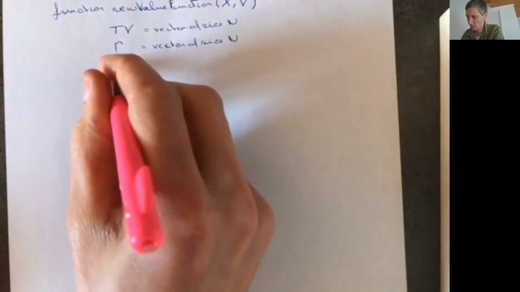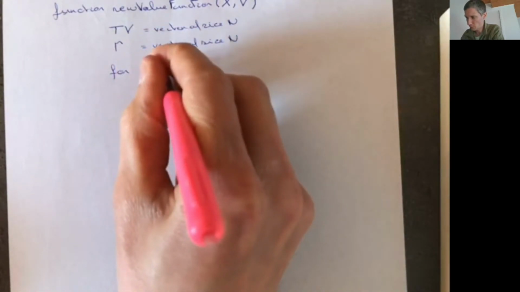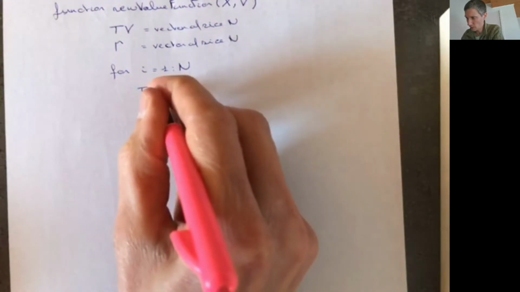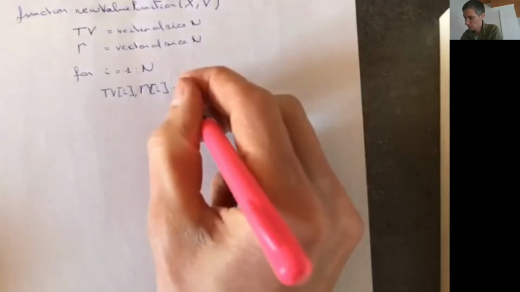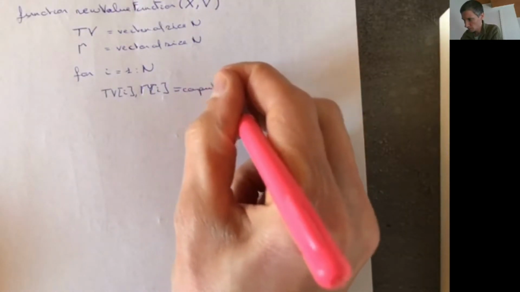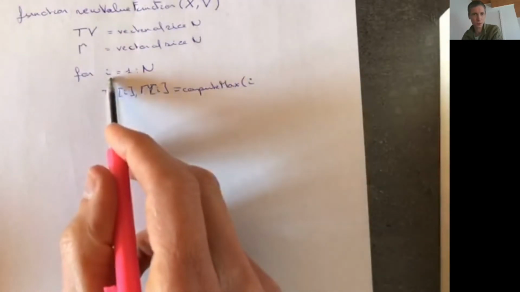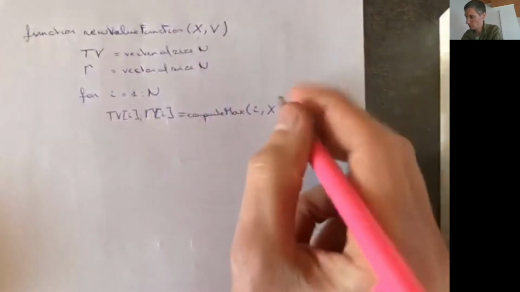Okay, and then I'm going for i equals from 1 to n, TV i and gamma i is going to be equal to this function here, compute max, of which, well, the index for the state, my vector of states, and the value function.